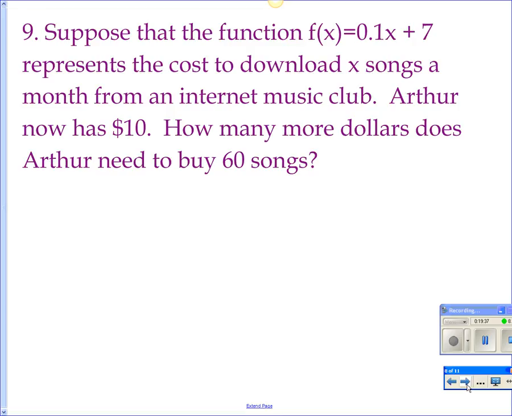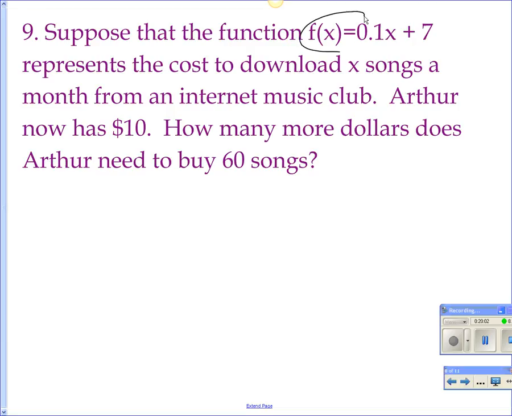Let's have Allison read this one. Good. Chuck, something to circle.